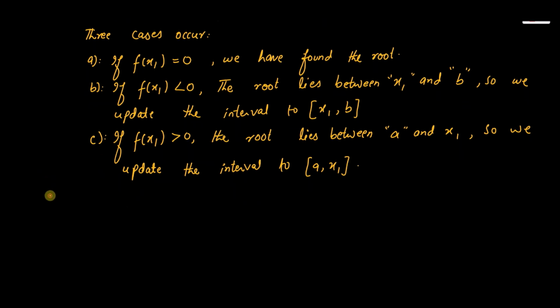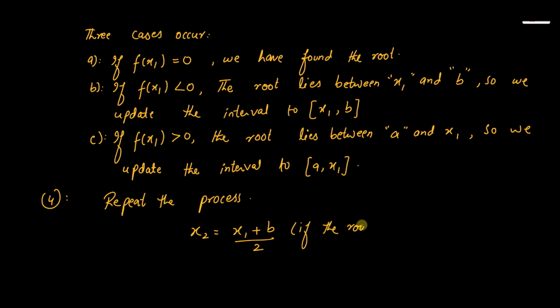In step 4, we repeat the process by using the updated intervals and calculate the next approximation. So the next approximation should be x2, equal to x1 plus b divided by 2, if the root is between x1 and b.